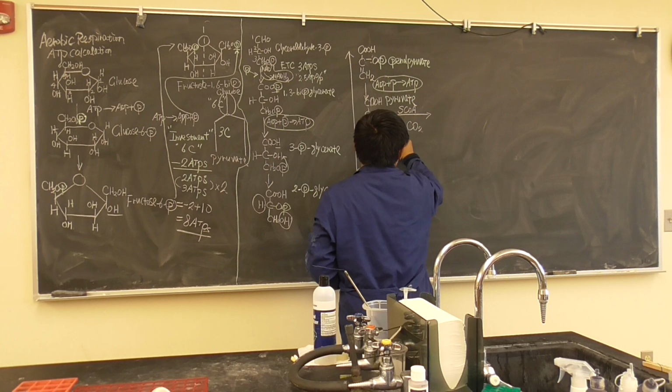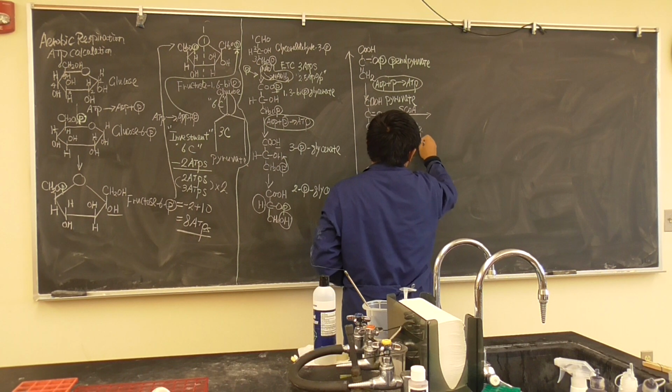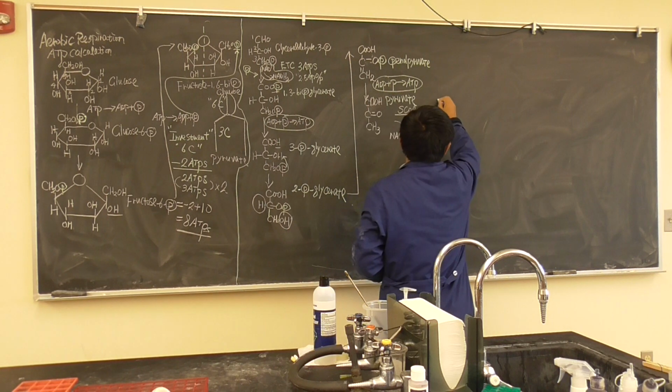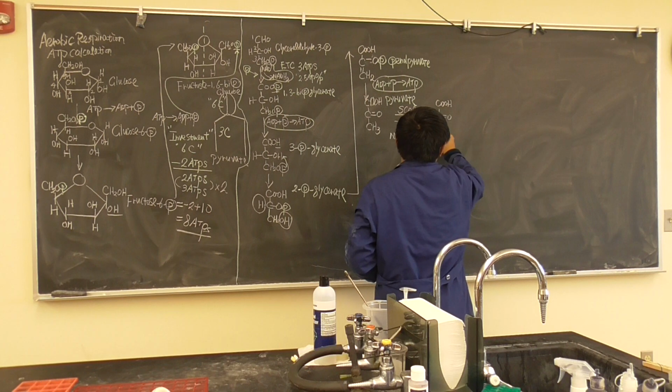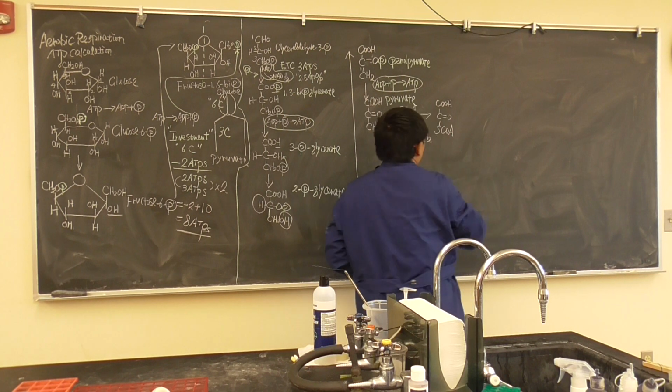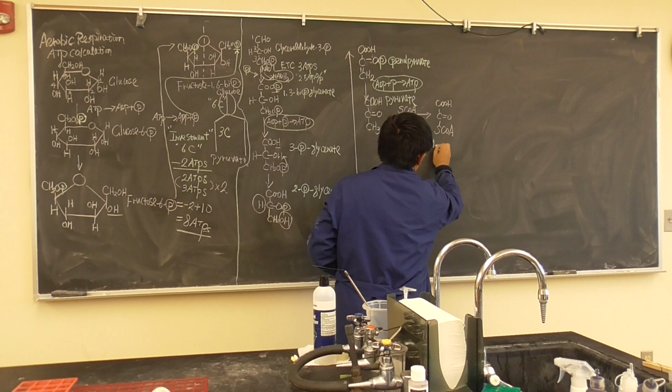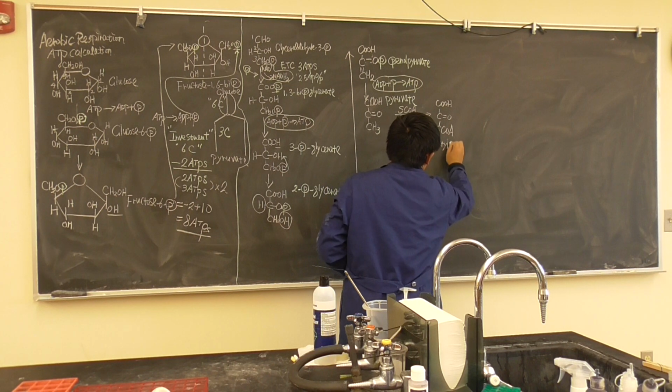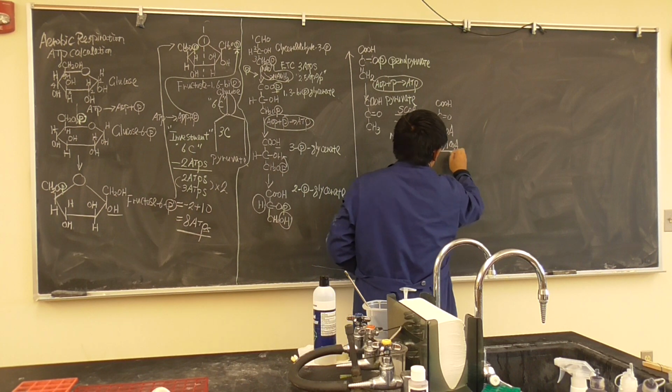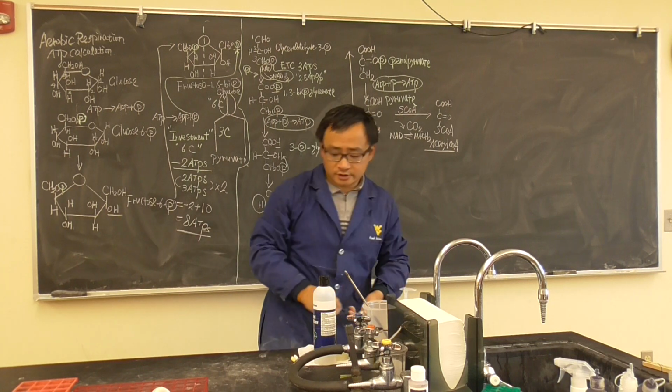Of course, NAD is reduced to NADH2. So this is the one, which is COOH, CH, and SCoA. This we have the name called acetyl-CoA.